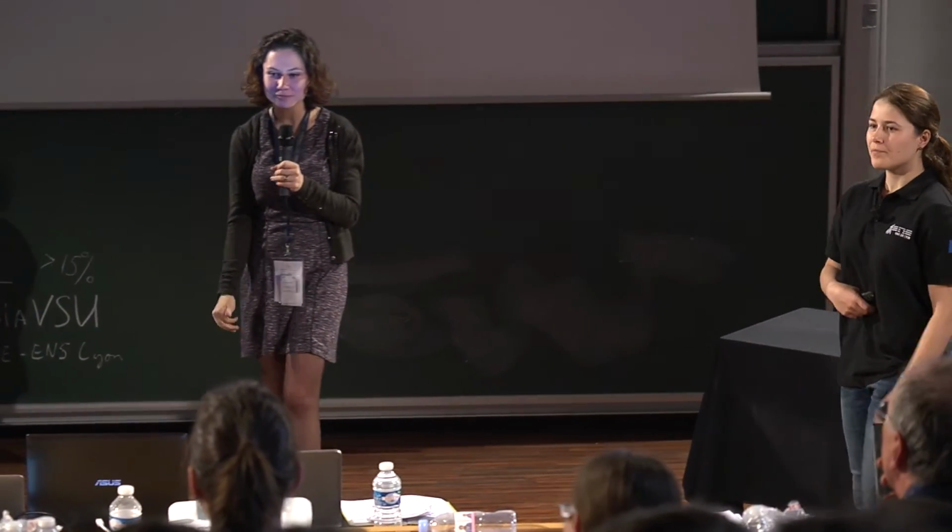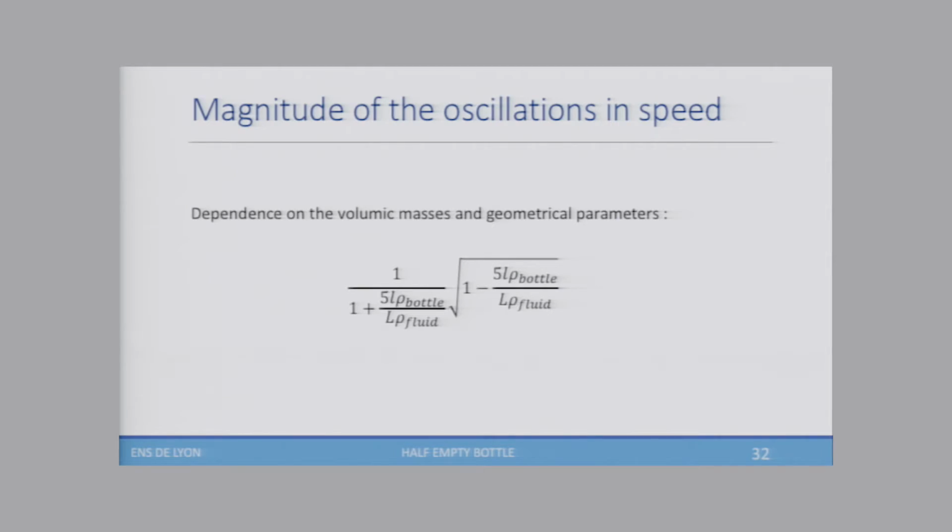Next question, Russia. I have two small questions. At first, please come back to your formula. I have a short question about it. This one? The formula with the square root, yes, here. Could you answer if we took a bottle with really big density, could we have a negative number under the square root?